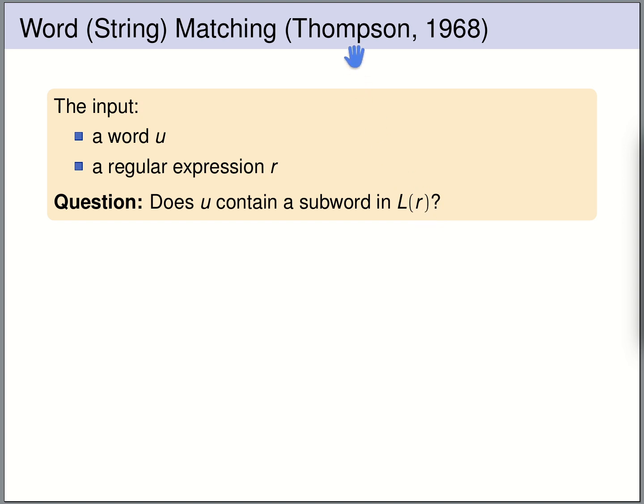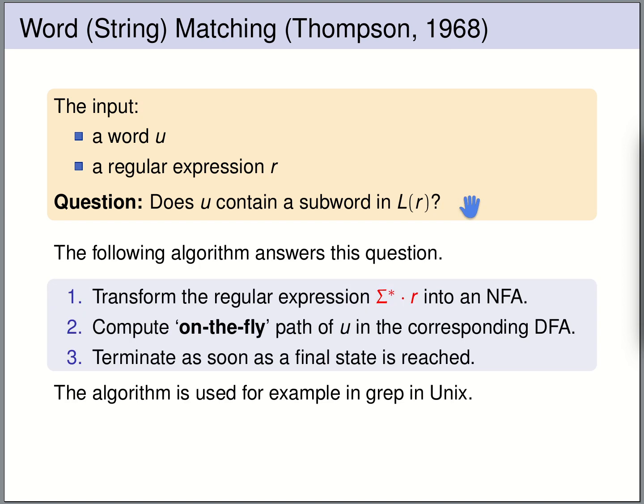Now, Thomson has already in 1968 developed a very nice and efficient algorithm for this problem, and this works as follows. The first step is that we transform the regular expression. We extend it in front, so before the R we put sigma star. So this is short for the following.